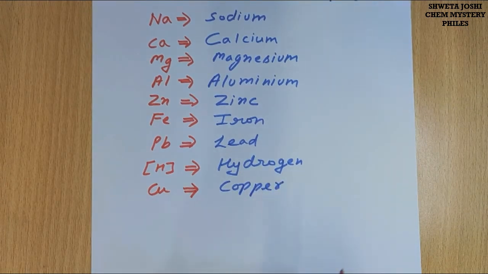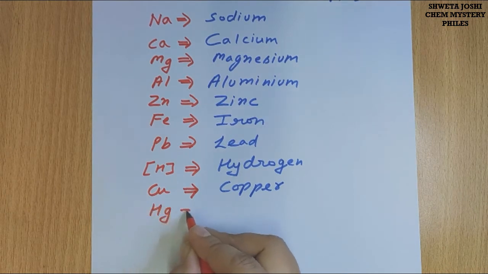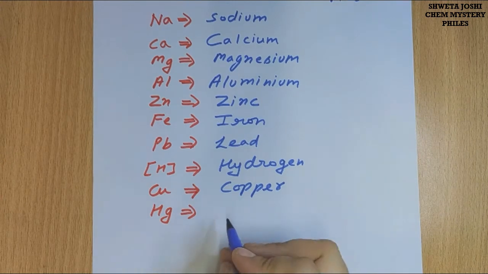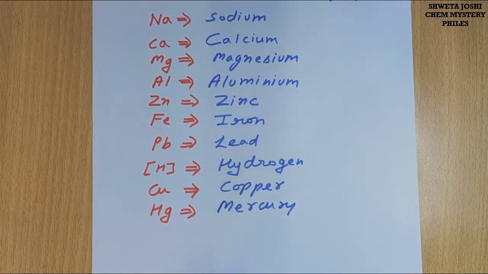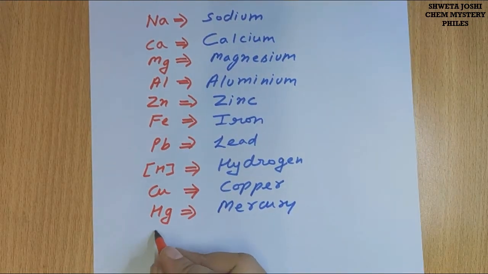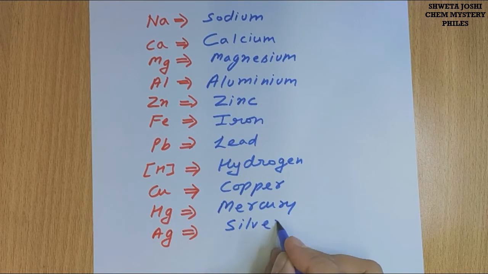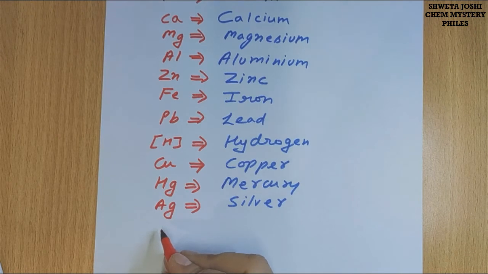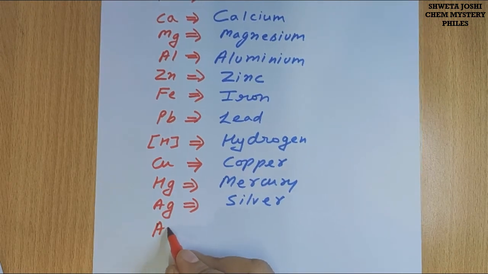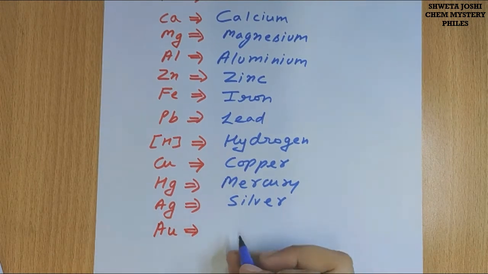After copper, there is mercury, symbol is Hg. After mercury, there is silver, symbol is Ag. After silver, in the simple metal activity series, there is gold and its symbol is Au. Au is symbol for gold.